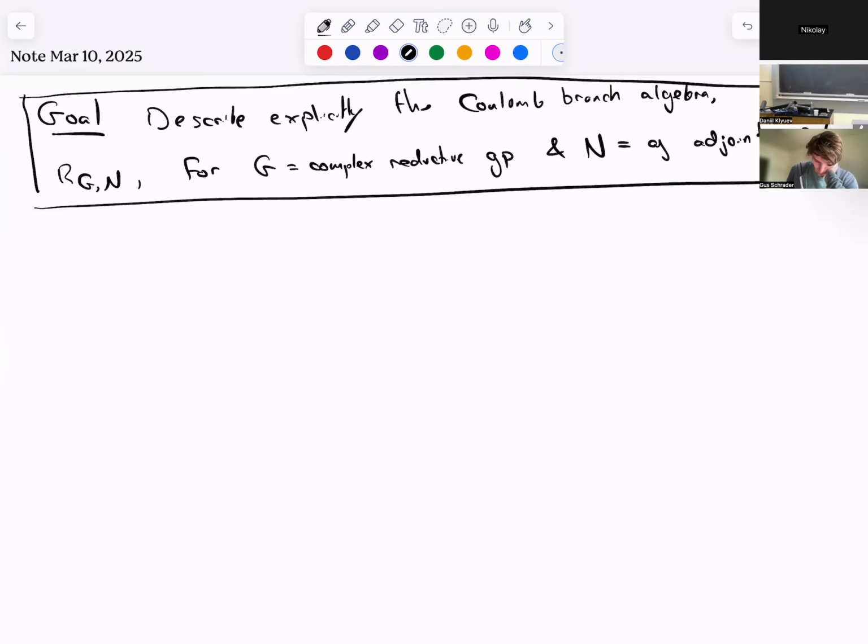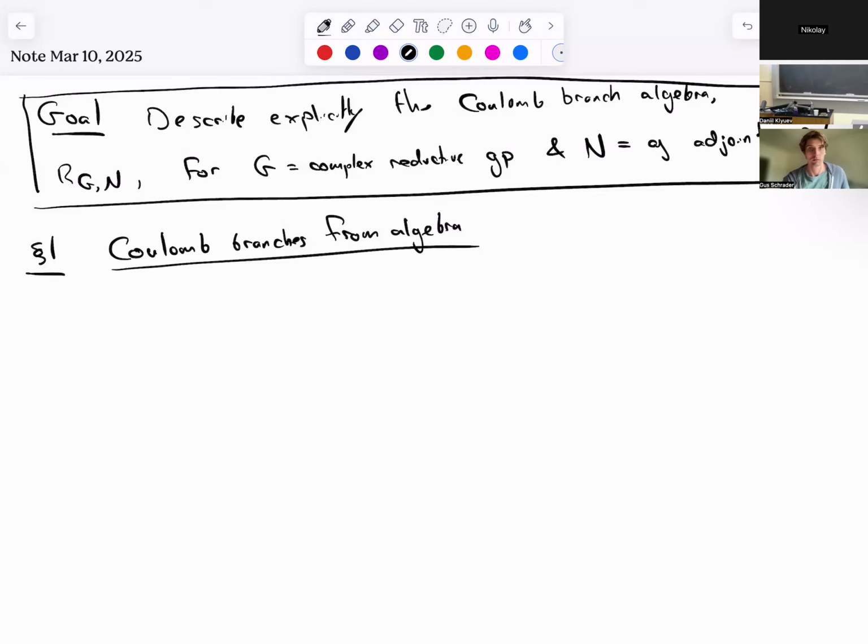Okay, so let's begin by recalling the setup with Coulomb branches. I'll recall what Junho introduced for us, and then later what Sonia said last week. So again, the setup is G is a reductive algebraic group over the complex numbers.